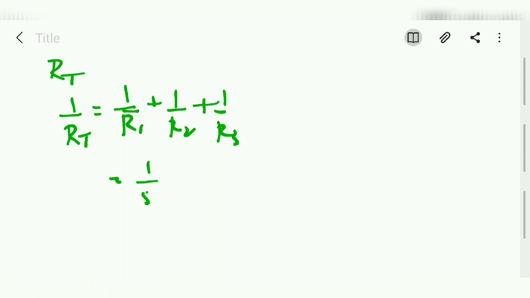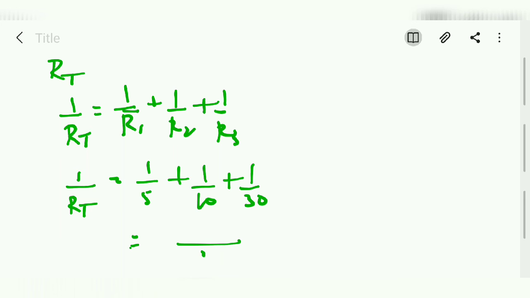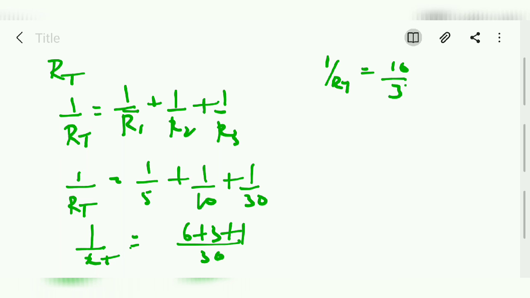Now apply the values: 1 by RT equals 1 by 5 plus 1 by 10 plus 1 by 30. The LCM is 30, so it becomes 6 plus 3 plus 1. I think you know the LCM, right? So 1 by RT is 10 by 30, which is nothing but 1 by 3.